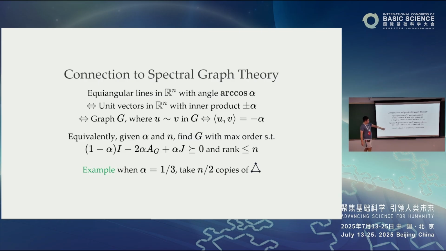So when alpha is equal to 1 over 5, this is 4 over 5 times I minus 2 over 5 times A of G plus alpha times J. Okay? Oh, sorry, I need to explain. This I is the identity matrix and J is the all-one matrix, so all the entries are one. And the reason we need it is to make these alpha entries.